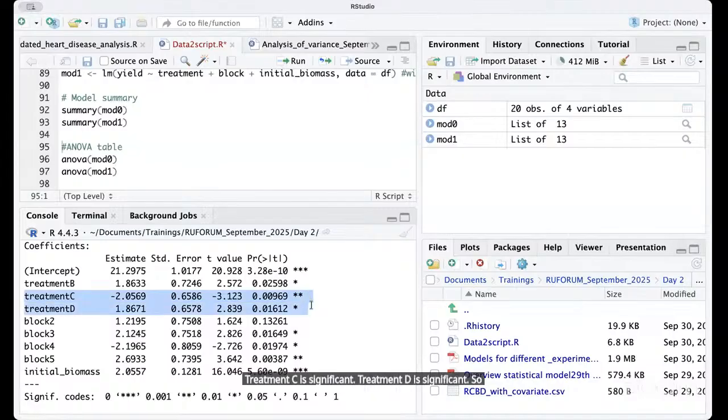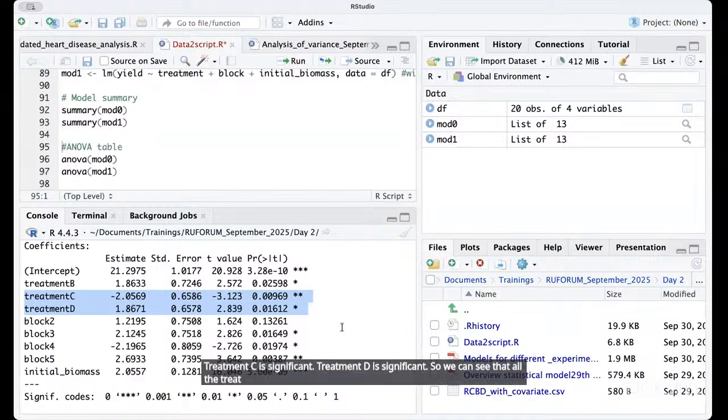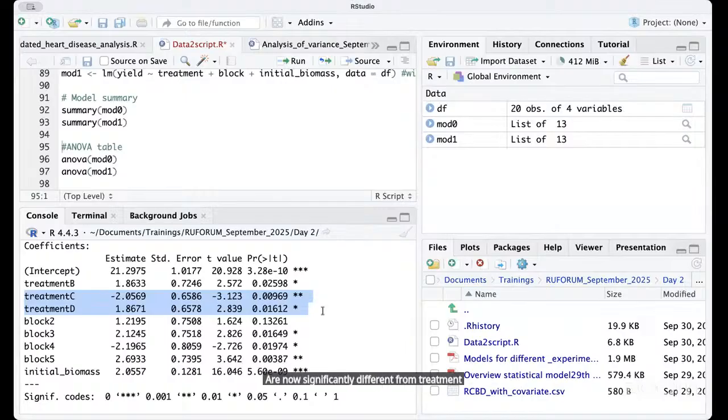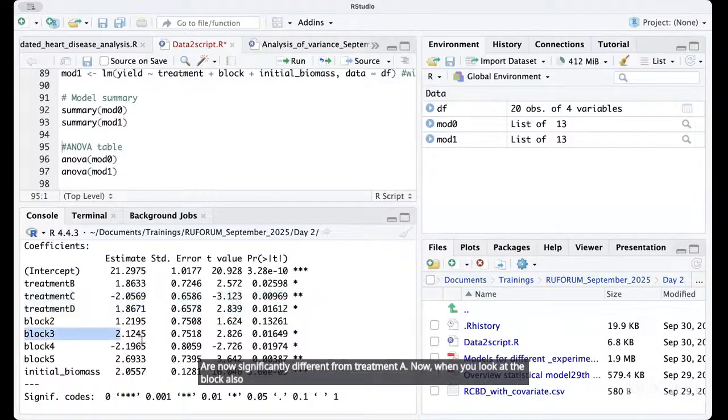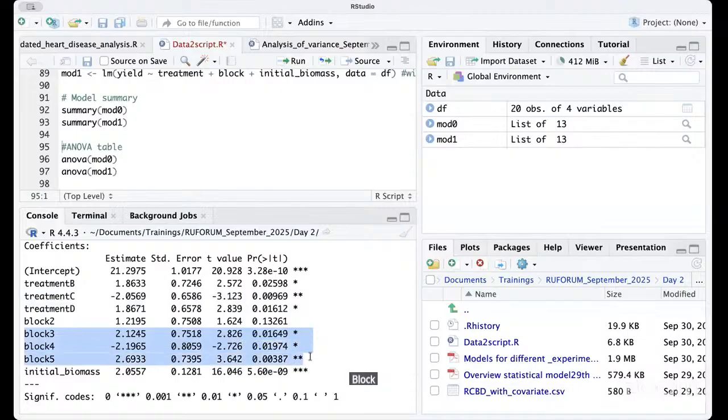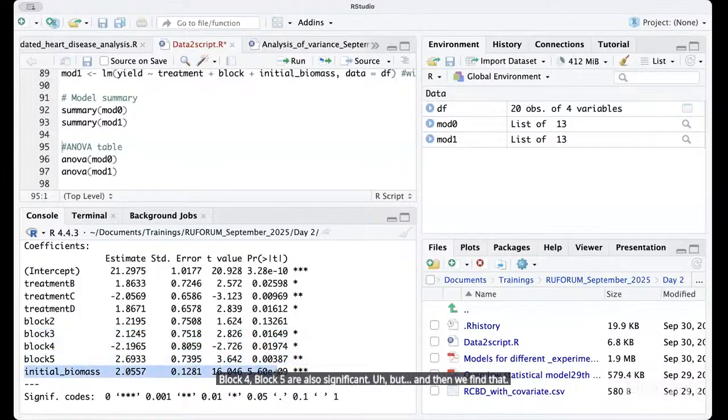So we can see that treatments B, C, and D are now significantly different from treatment A. Now, when you look at the block also, you find block 3, block 4, block 5 are also significant. And then we find that now we have another line for the initial biomass, which is also significant.